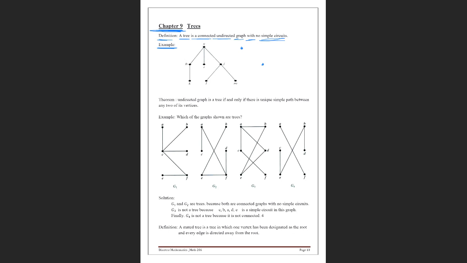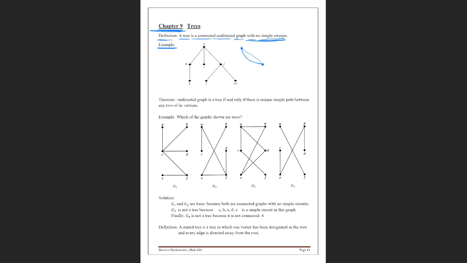So between these vertices there is only one path. If only one path, then this is called simple. If from this vertex to this vertex there is a second path, then this is not simple. With no simple circuits: this is a simple circuit if two paths exist. But if one path, then this is a tree.